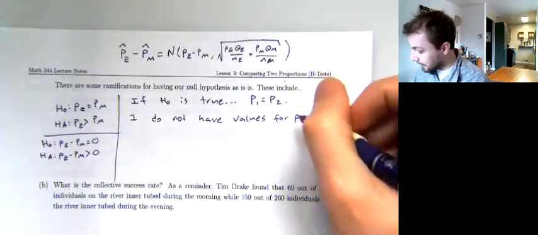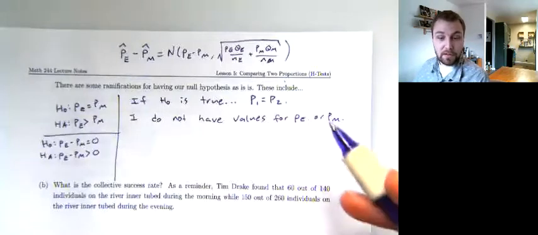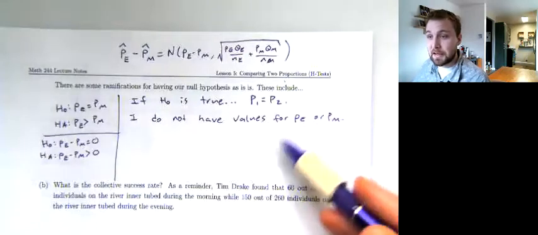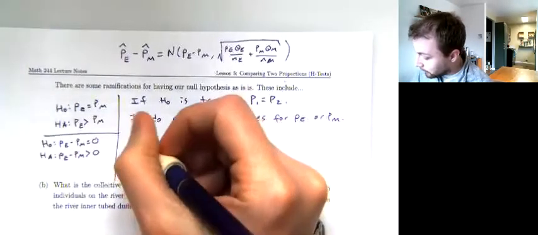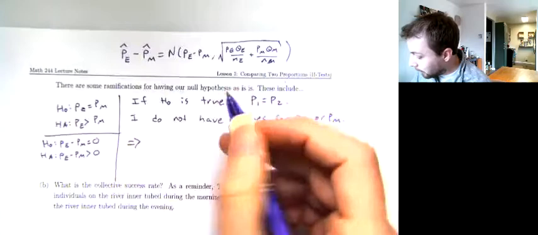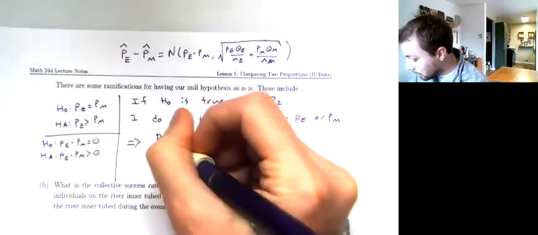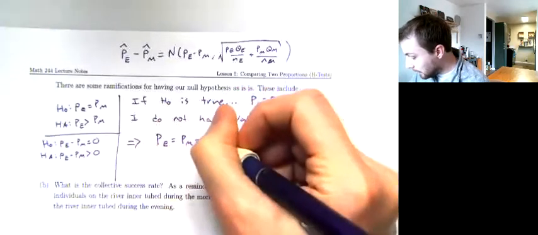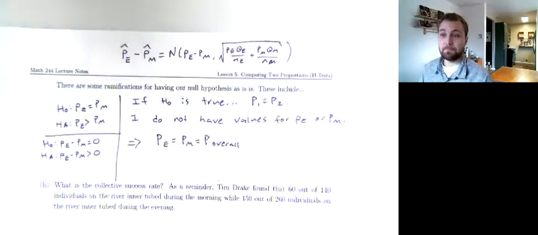I can figure out that 60 out of 140 for the morning and 150 out of 260 for the evening. I could find the sample rates, but it doesn't say it's claimed that 50% go in the morning and 20% go in the evening. So what do I know then? Well, if the first group is the same as the second group, then I'm assuming the evening rate is the same as the morning rate is the same as the overall success rate.